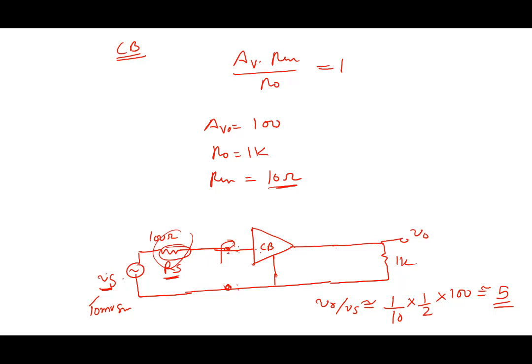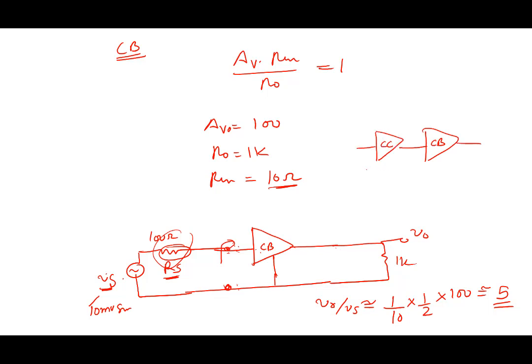You can't use it. Of course, if you want to use common base in a meaningful manner, what can you do? Well, you may think, before common base, why not use a CC stage here?